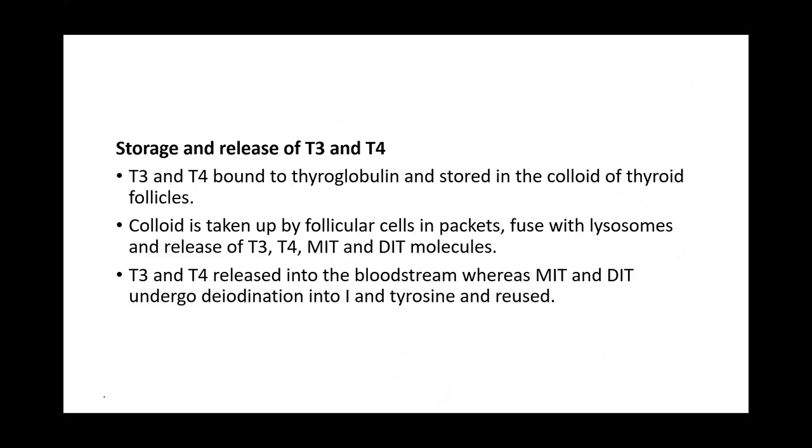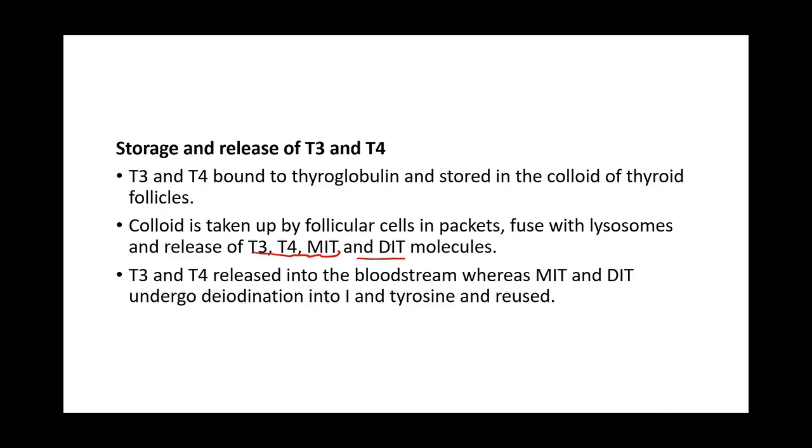Next is the storage. Now you should know that T3 and T4 are bound to thyroglobulin and stored in the colloid of the thyroid follicles. Colloid is taken up by follicular cells in packets fused with lysosomes, with release of T3 and T4, including the mono and diiodothyronine molecules.